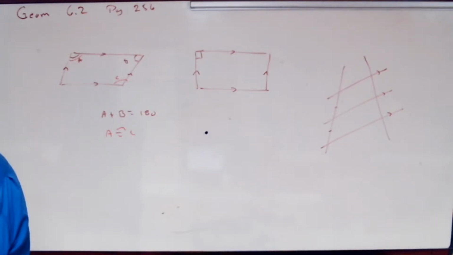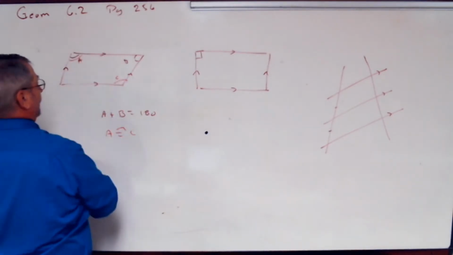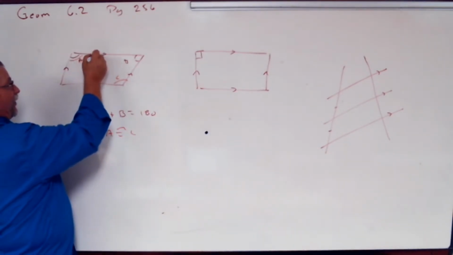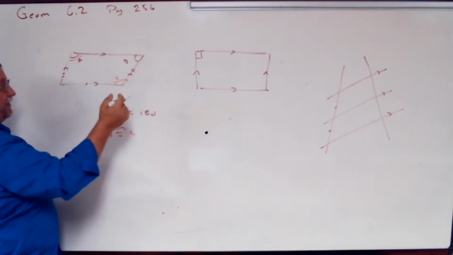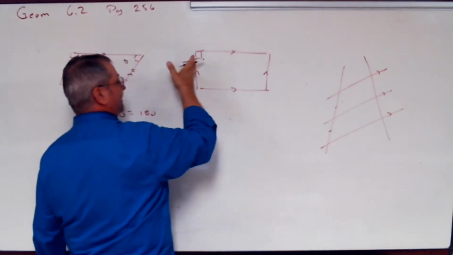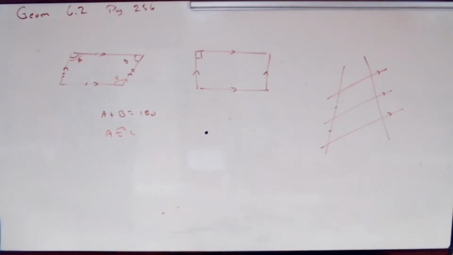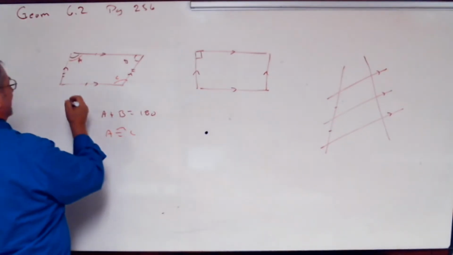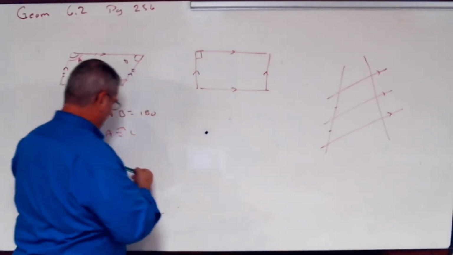Next it said opposite sides of a parallelogram are congruent. In a parallelogram, this is the same, congruent, and this is the same, congruent. Same over here. Obviously, in a rectangle, these two are the same length, these two are the same length, congruent. And the diagonals of a parallelogram bisect each other. We use this for a lot of different stuff.